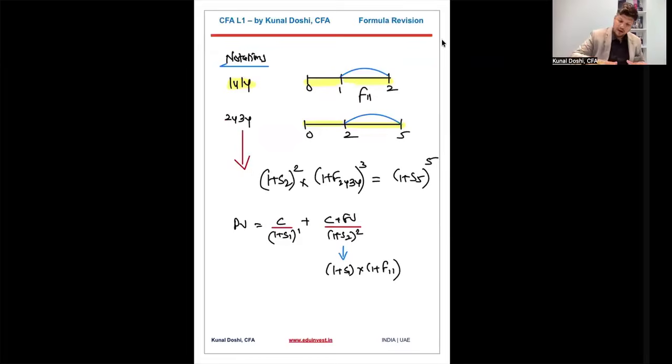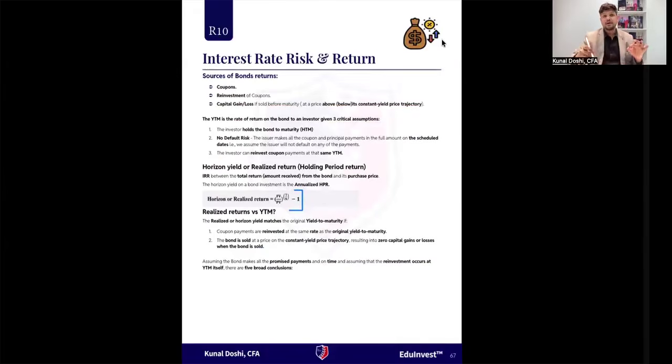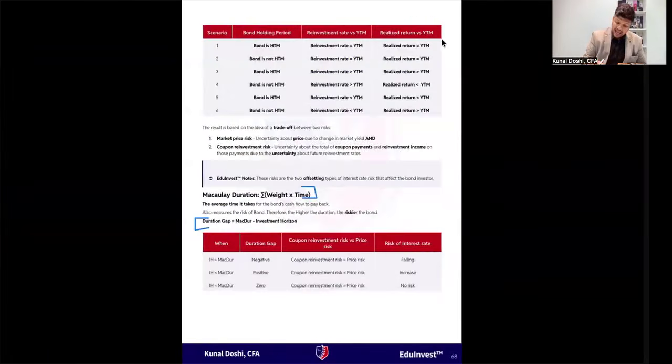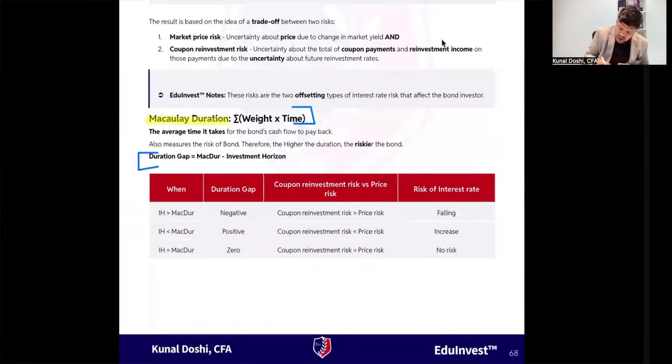Perfect. Now, don't give up in between. Let's focus on the risk. Now, interest rate risk and return. There are two elements which are very important here: the horizon yield, and then the Macaulay duration related duration gap.